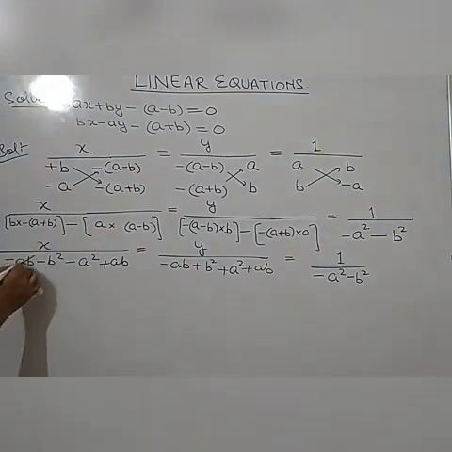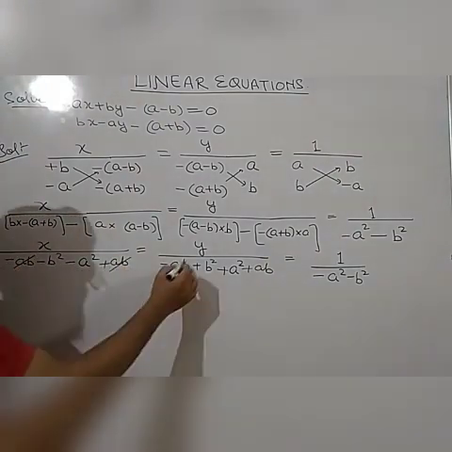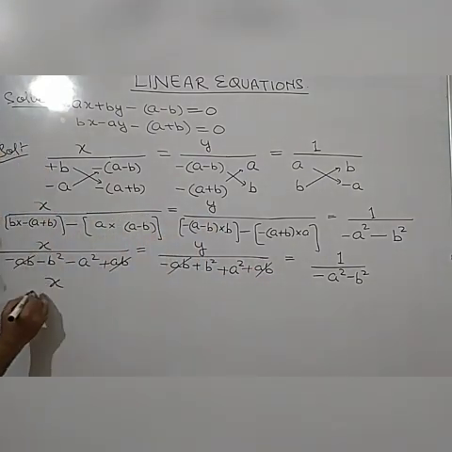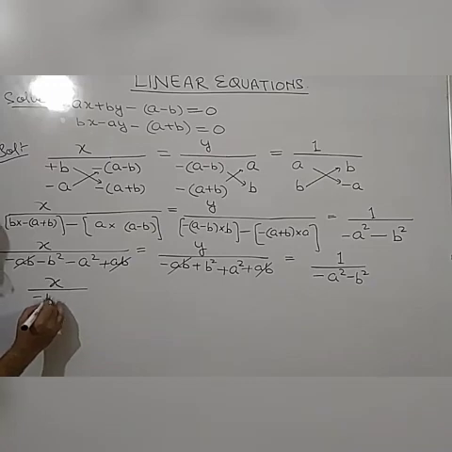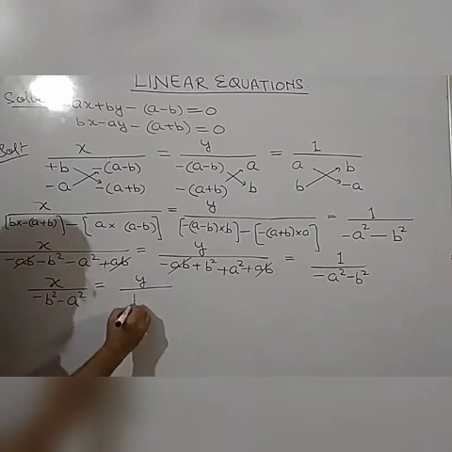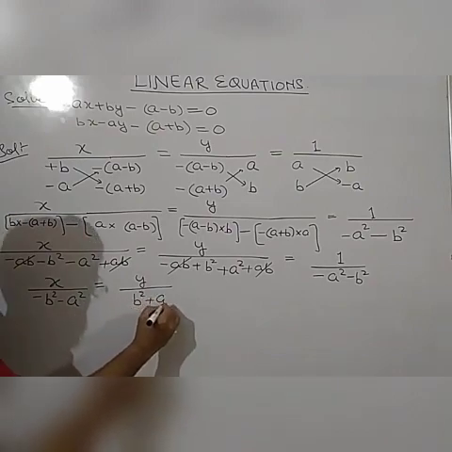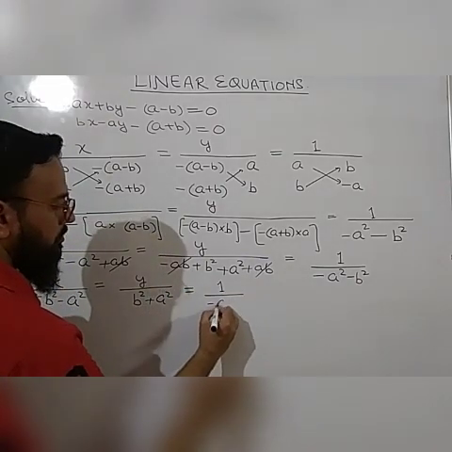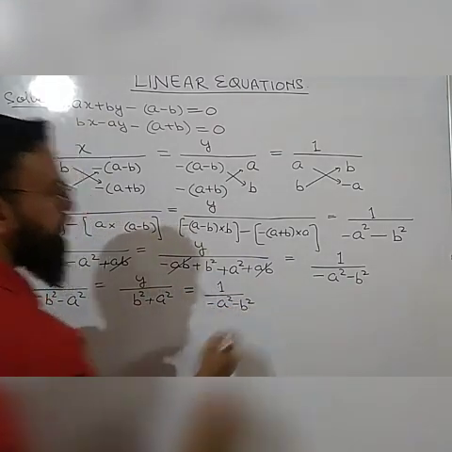Now solving it, minus ab plus ab will be cancelled out. So we get x upon minus b square minus a square is equal to y upon b square plus a square is equal to 1 upon minus a square minus b square.